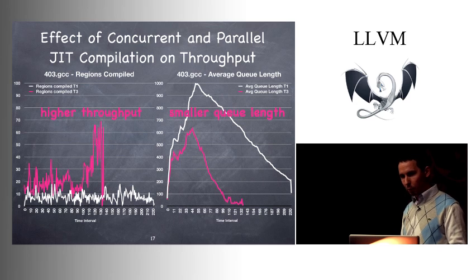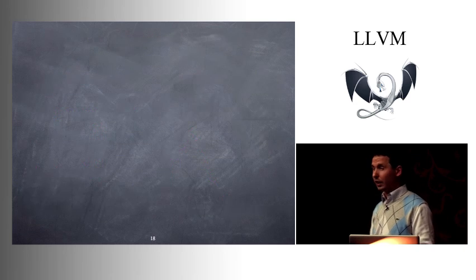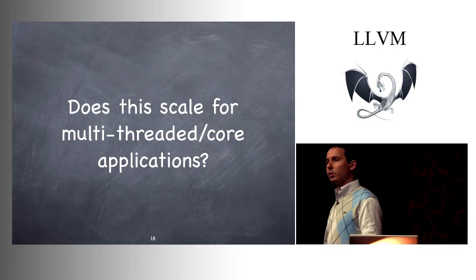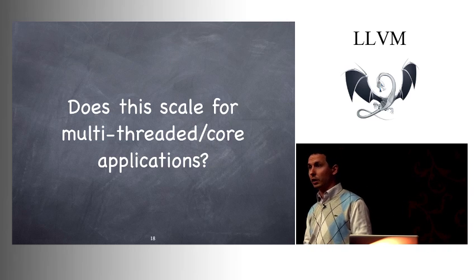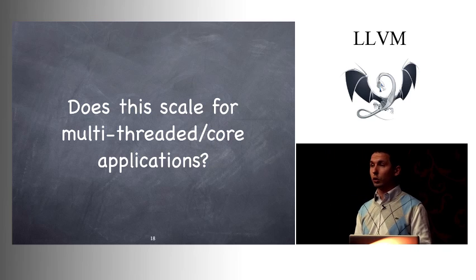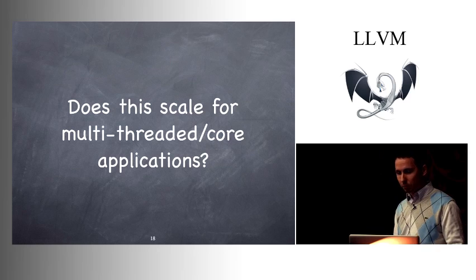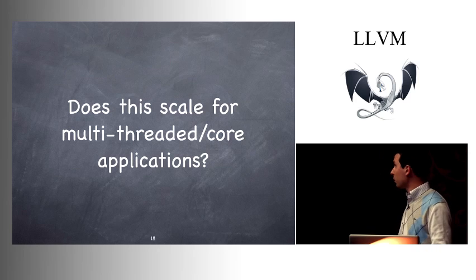And now I'm almost at the end, where you may wonder, well, so far he has only shown us a single-threaded application. So does this design work for multi-core or multi-threaded environments? The simple answer is yes, it does.